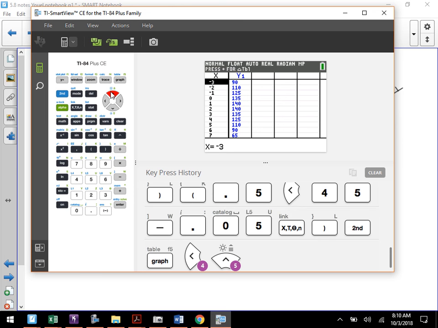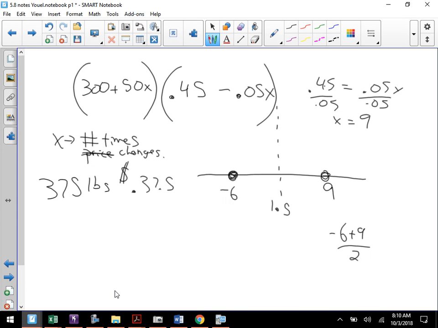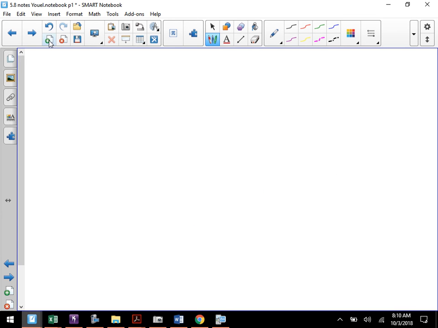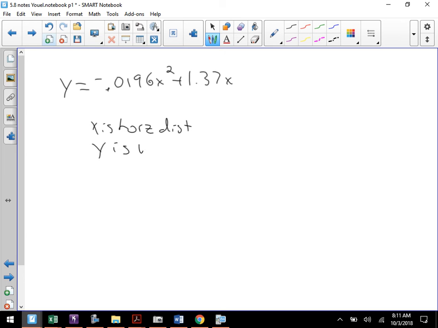Remembering what that means when they give you a graph and it tells you where x is the horizontal distance, y is the vertical distance.